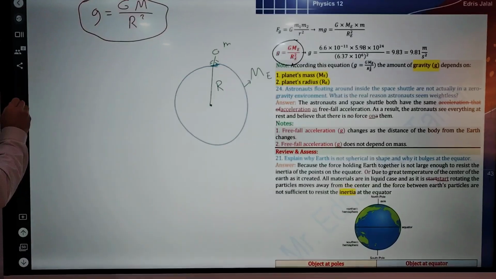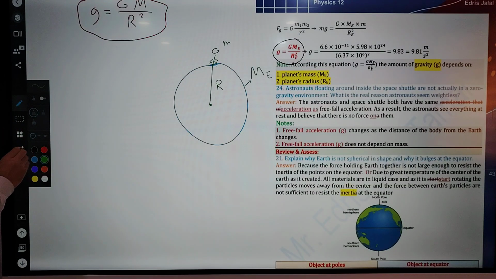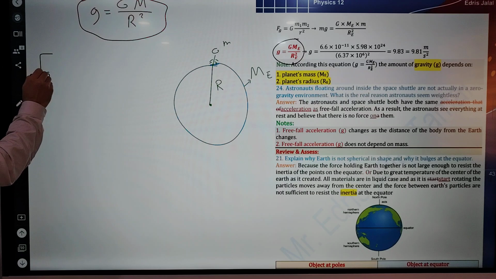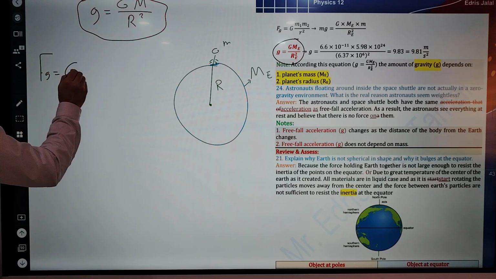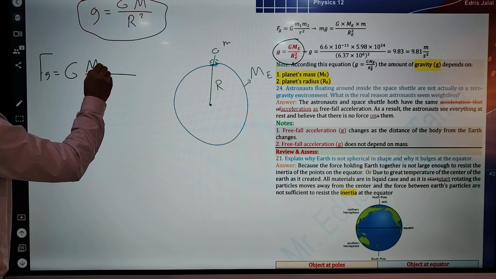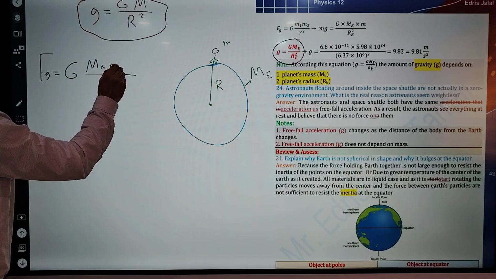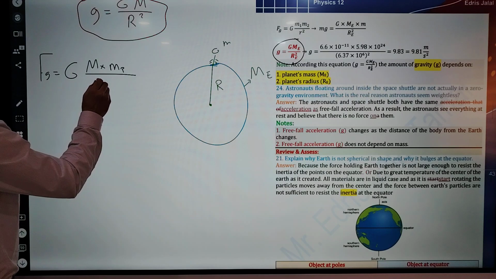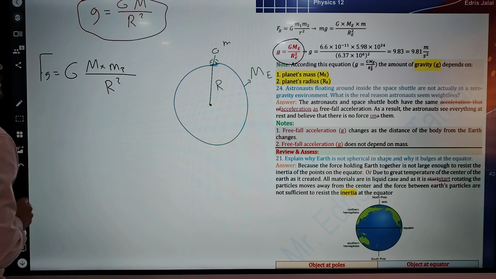for example. As you know, Fg, the equation of the gravitational force, is equal to what? G, the universal constant, times the mass of the planet times the mass of the person divided by R squared.